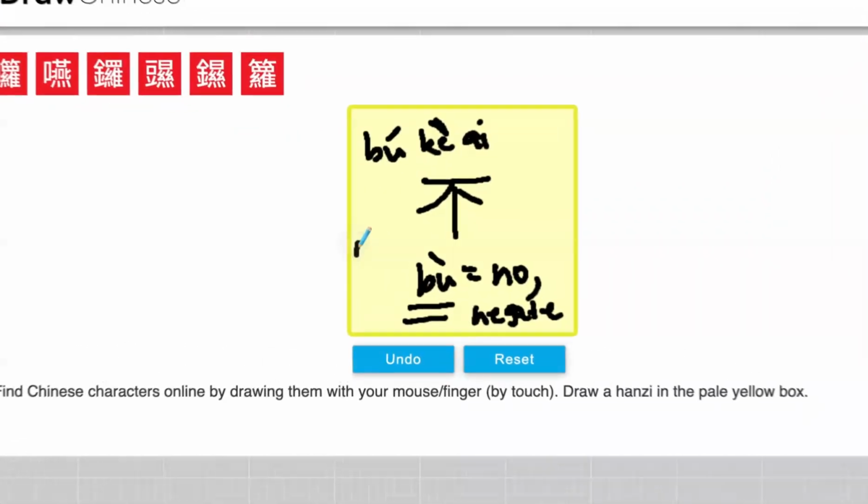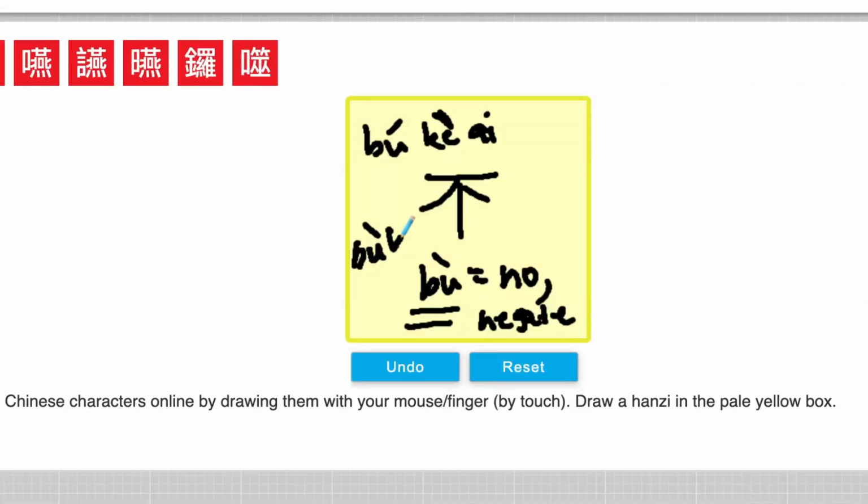So you can never have 不客 anything, or even like 不用 or whatever, because whenever there's a 4th tone after 不, the 不 becomes 2nd tone.